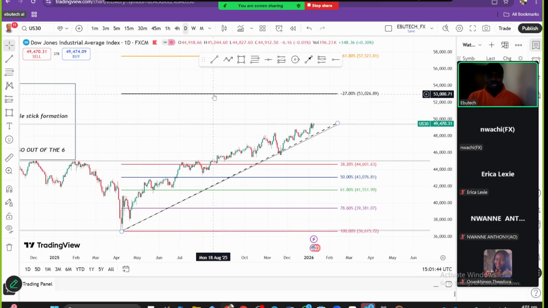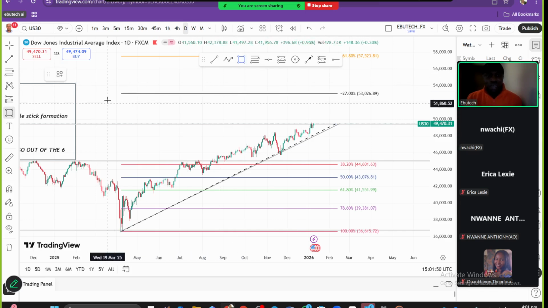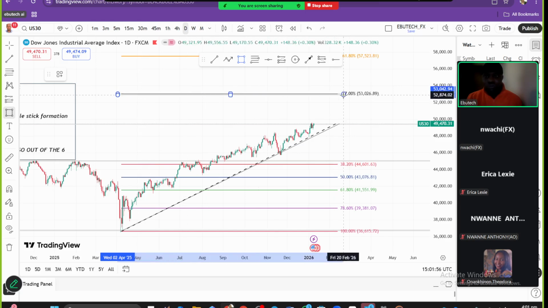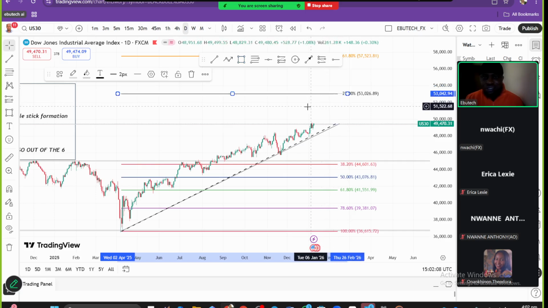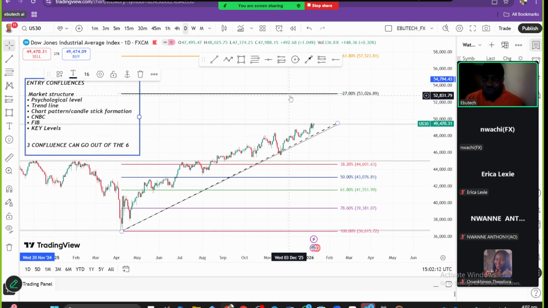So you now take your rectangle and mark out that place that the market is heading to. And if you watch closely, where the market is going to, there is also a psychological level there, which is 53,000. Are you guys getting it?